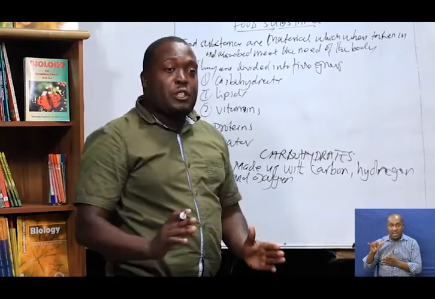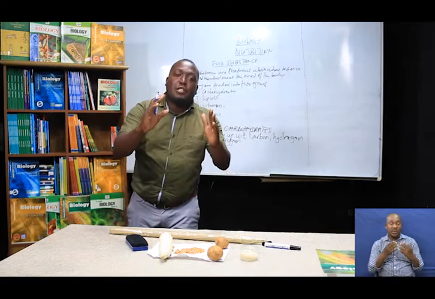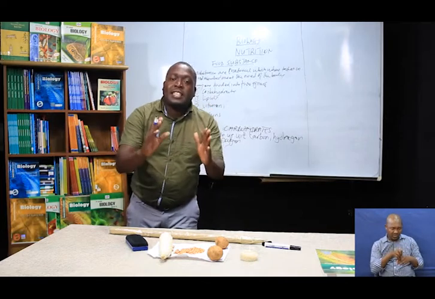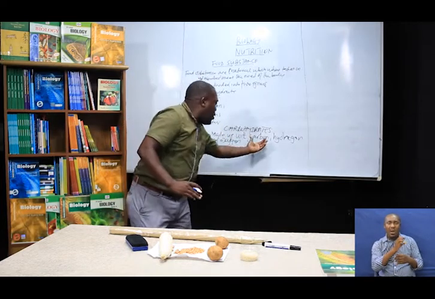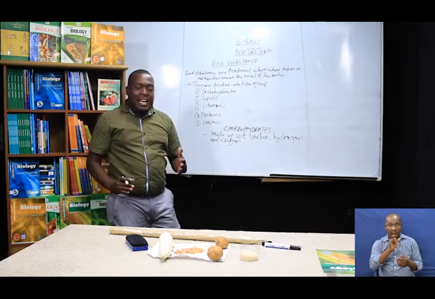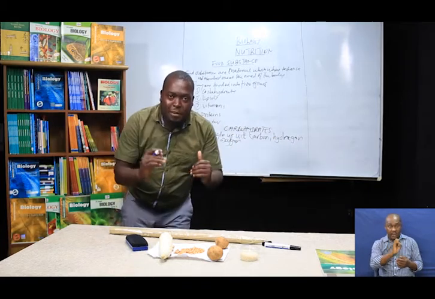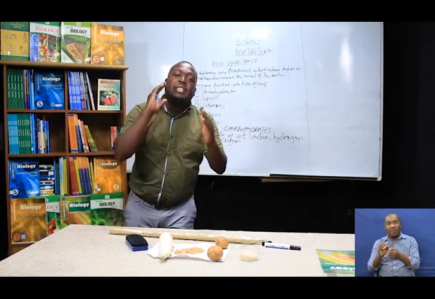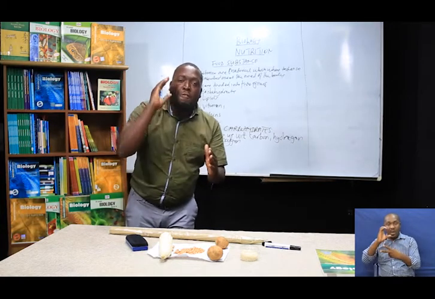So when you are talking about carbohydrates, they are food substances made up of first carbon, second hydrogen, and third what? Oxygen. And these carbohydrates are sometimes called energy-giving foods.